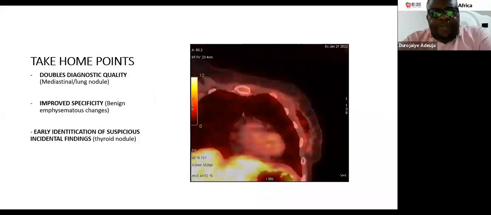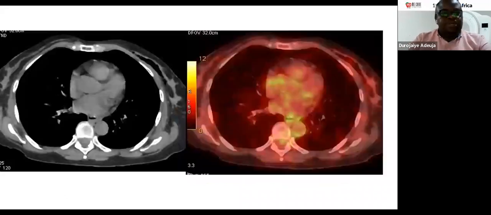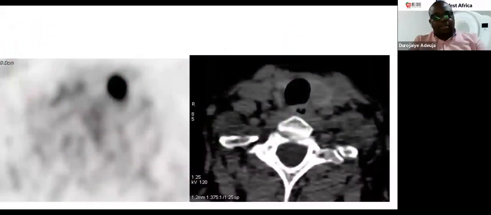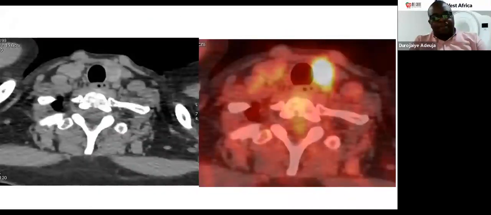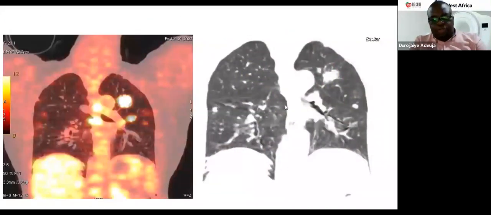The take-home point for this first case is that, one, PET-CT helps in doubling the diagnostic quality of the images, as demonstrated with the mediastinal and the lung nodules. So we are sure, despite seeing it here, we are sure that yes, these things are still active.